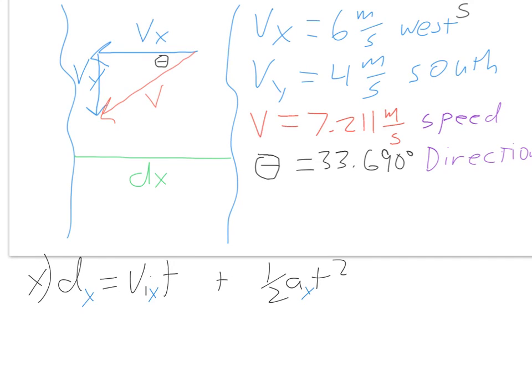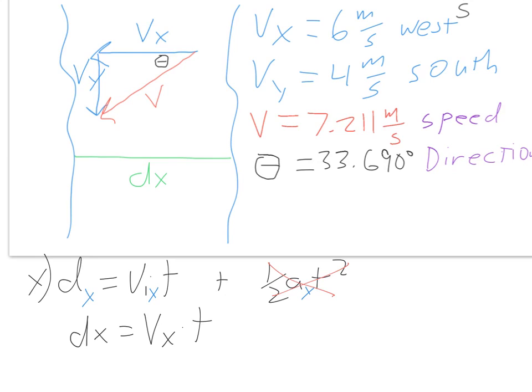But the good news is that these problems are all constant velocity. There's no information about any acceleration or speeding up or slowing down, and these are not projectile problems, so nothing's moving through the air. So the nice part is that there's no acceleration involved at all, in which case our equation becomes dx is equal to Vx times t.